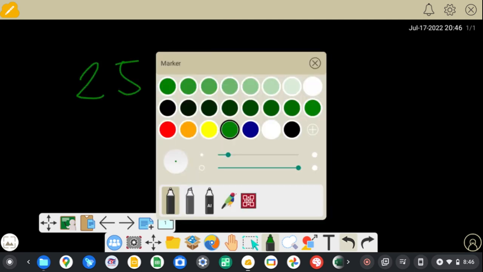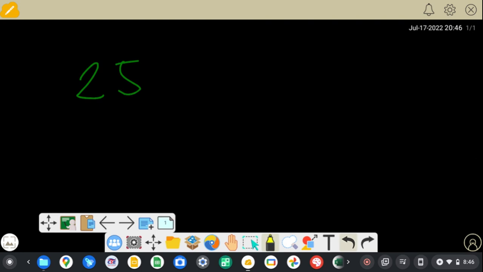Okay. Now we're going to proceed to prime factorization of a positive integer. What if we have this positive integer 25? 25 is a positive integer.